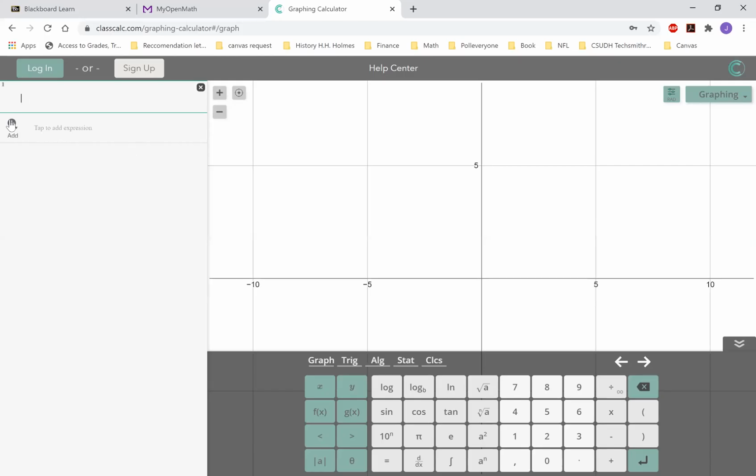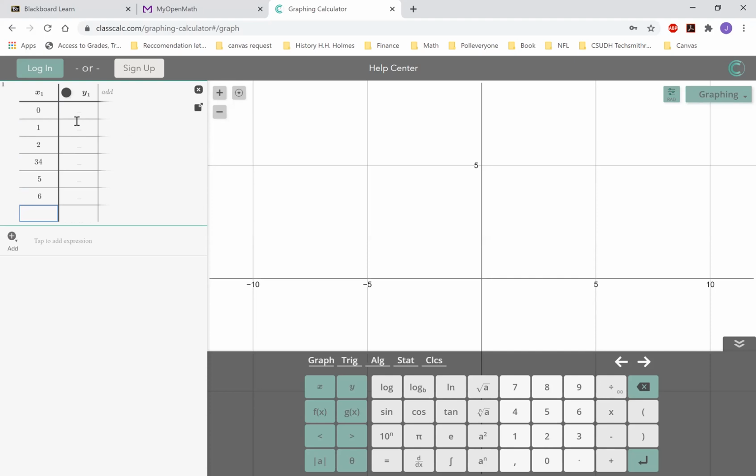All right, so first thing, we do a table. So we enter in the numbers: 0, 1, 2, 3, 4, 5, 6, and 7. Over here on Y1, we're going to enter P of X. But remember, P of X is entered as a whole number.